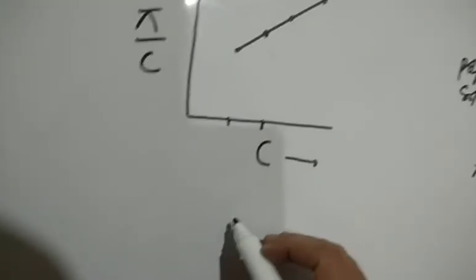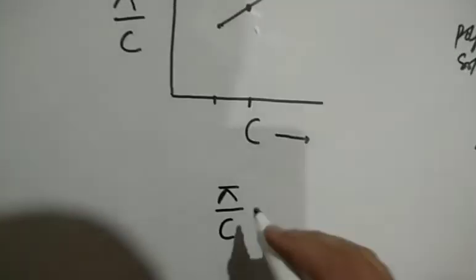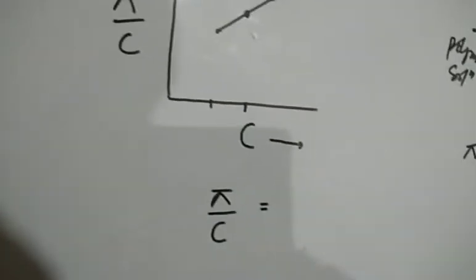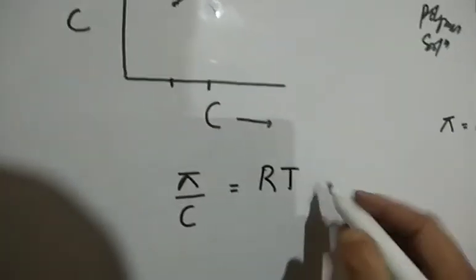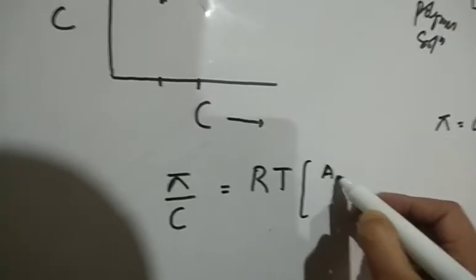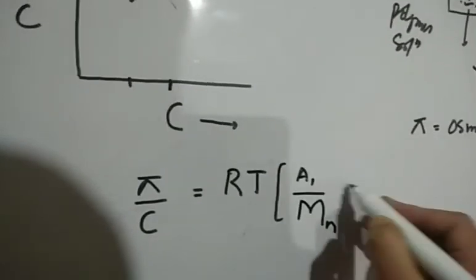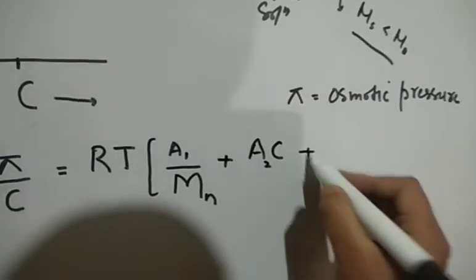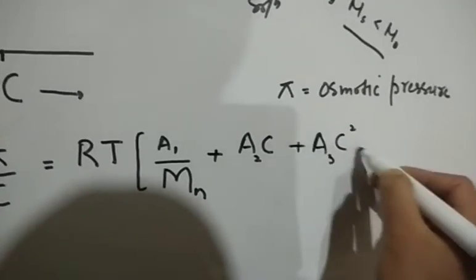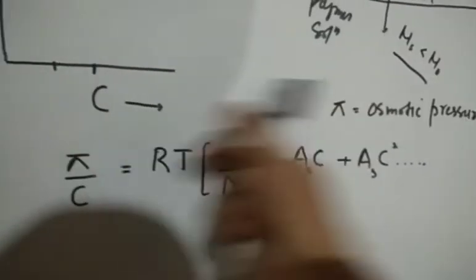In order to evaluate this to get a molecular mass, we can express pi/c versus concentration, which we have plotted, from this equation: pi/c is equivalent to RT/M. R is the universal gas constant, T is temperature, and A1 divided by the molecular mass, that is the number average molecular mass, plus A2C plus A3C2 and so on. So you can express the overall dependence of pi/c with respect to concentration. So we get this kind of relation.